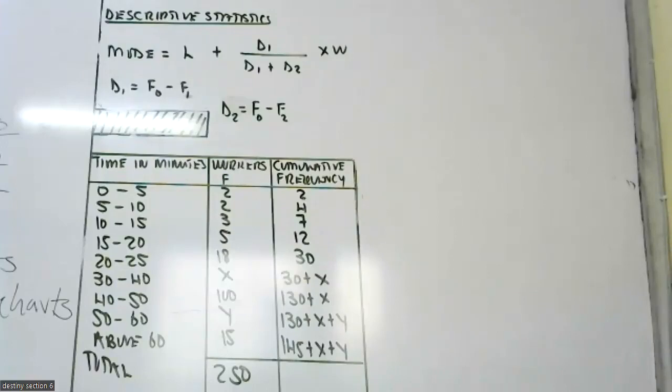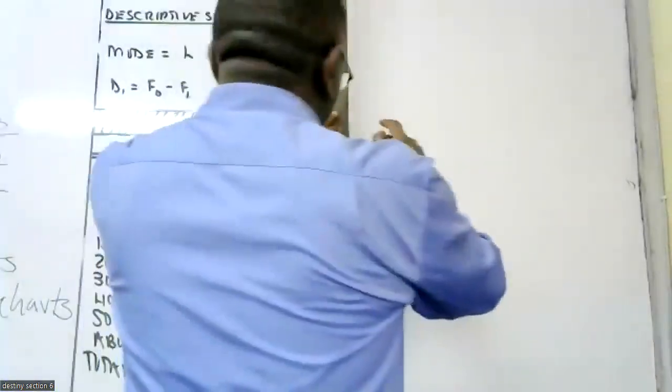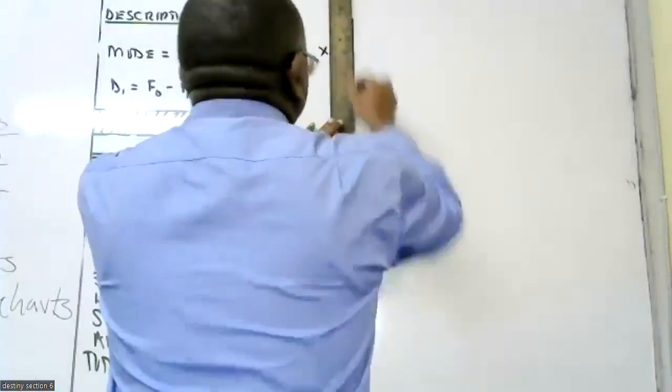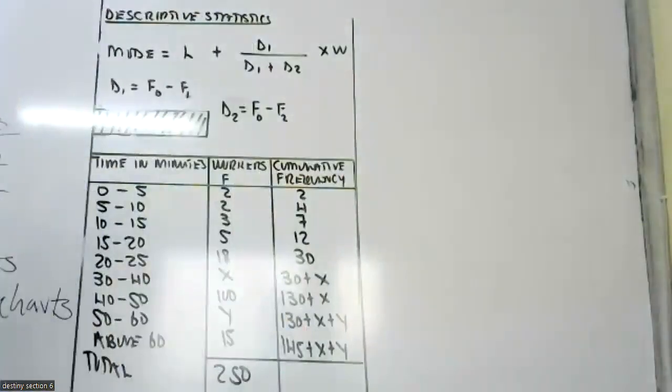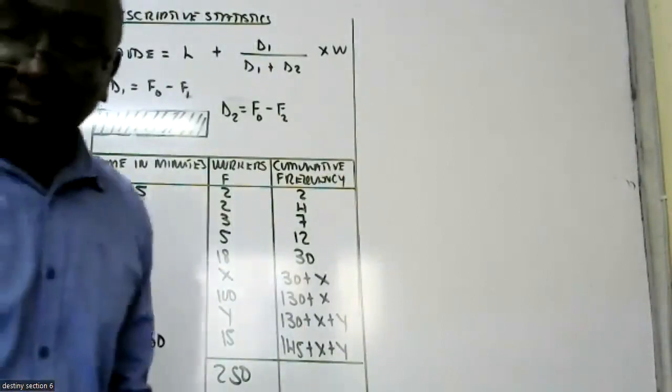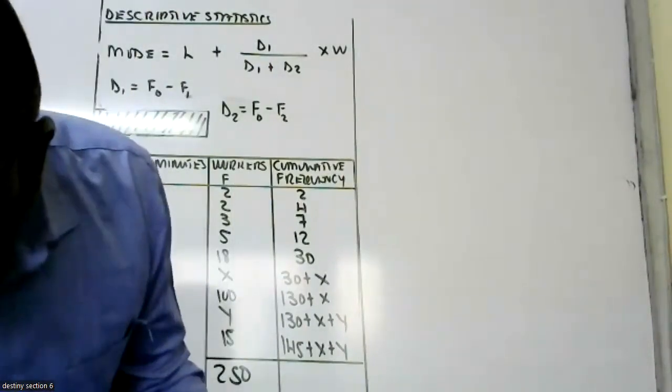That's it. So F0 is the highest frequency. We are not able to know the value of X and Y, so we cannot tell which is the highest.